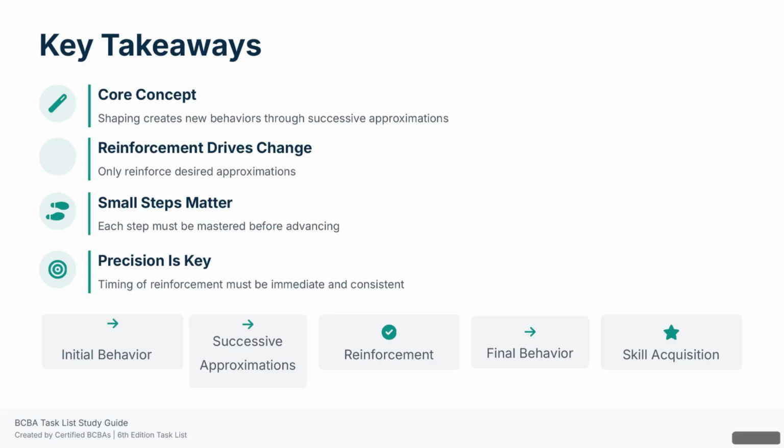It can happen within the same general response form or across different response forms. At the same time, effective shaping requires careful planning. We need clear targets, appropriate approximations, accurate reinforcement, and gradual shifts in criteria. If you remember that shaping means reinforcing increasingly closer steps toward a final response, you already understand its central logic.